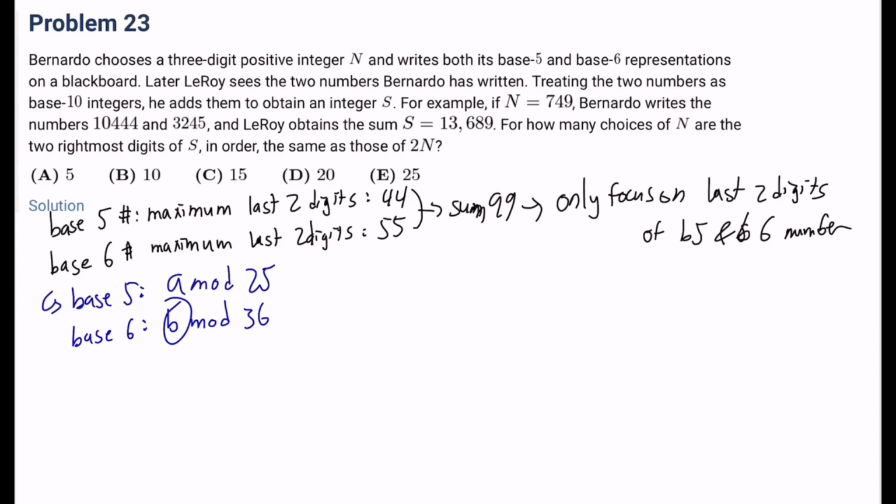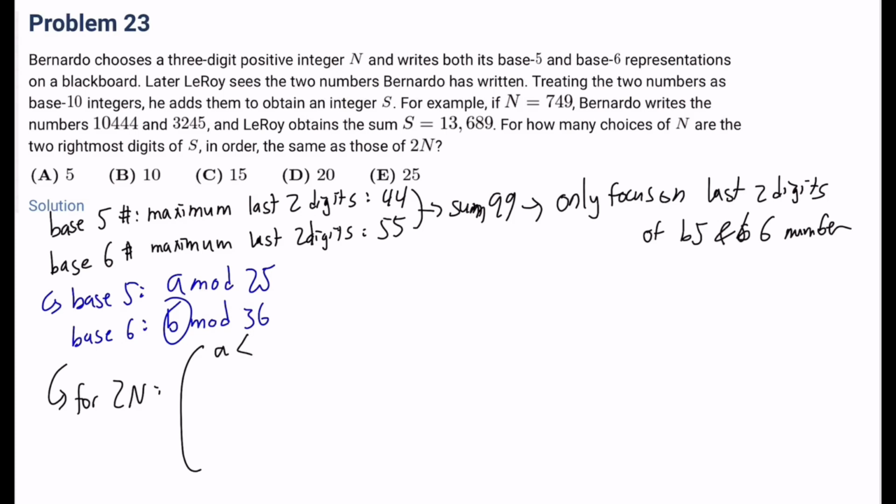So now what we want to do is consider 2n. Since a mod 25 is base 5, 2n is going to be 2a mod 25, but we don't know if that is greater or less than 25, right? So we have to separate those cases.